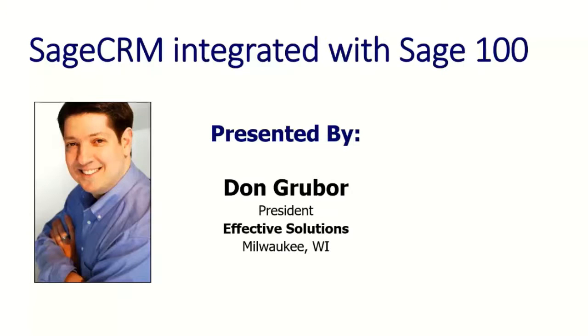So I'll be going through the Sage CRM package itself and the integration and how that works with you, so you're familiar with the whole package plus some additional functionality that is typically implemented by our customers. And we've been doing the Sage CRM implementation since it came out around 2009, I want to say. So 10 plus years of implementing CRM integrated with Sage 100. So let's get into that.